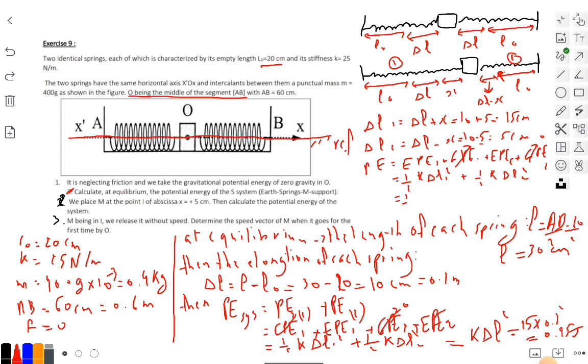Therefore, it's equal to half times 25 times 0.15 squared plus half times 25 times 0.05 squared. We obtain the potential energy equal to 0.3125 joules. This is part 2.